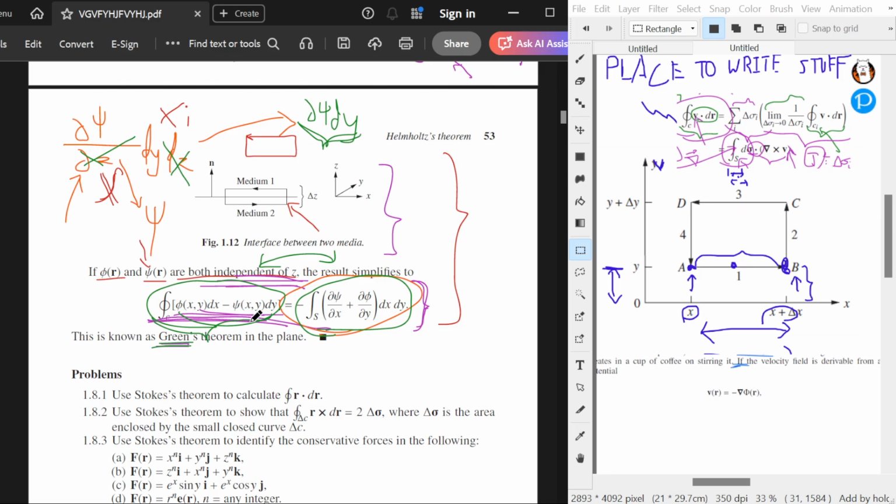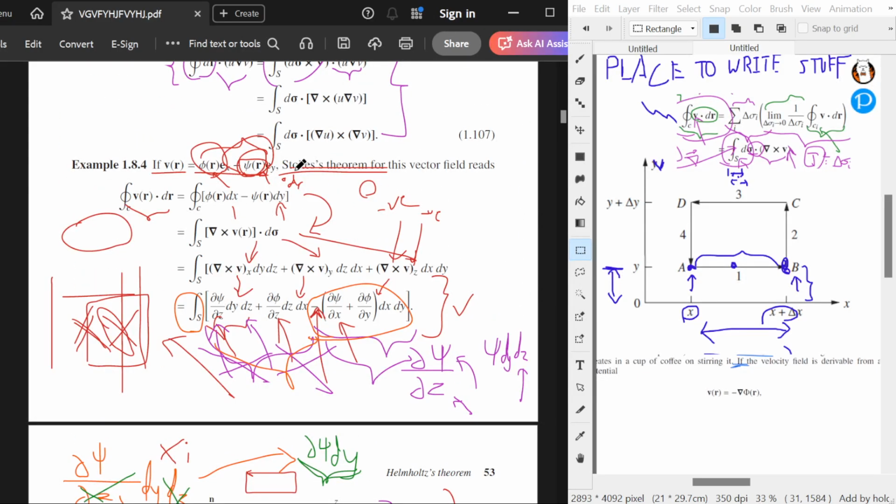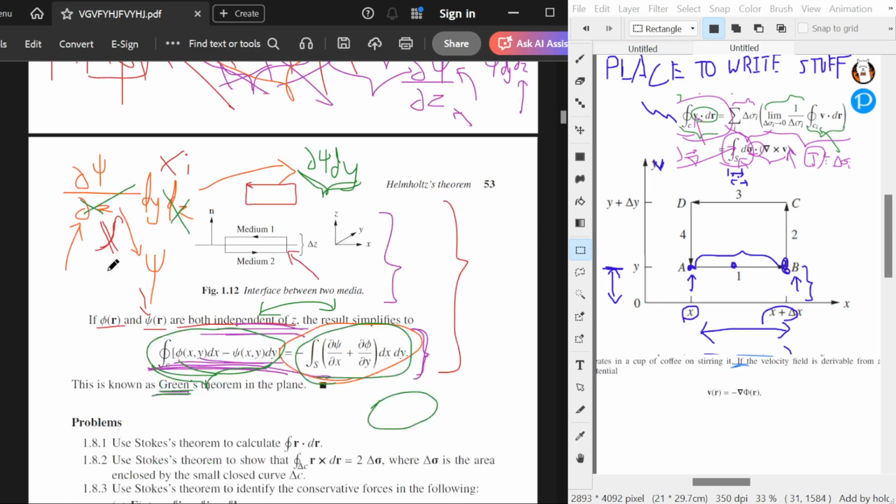So we start over this. We're dealing with a surface, which is also just a curve. Along the curve, we have dx. But this is just circulation, right? This is just circulation.